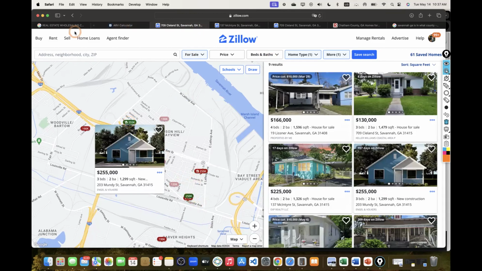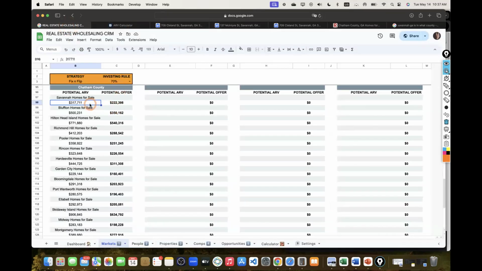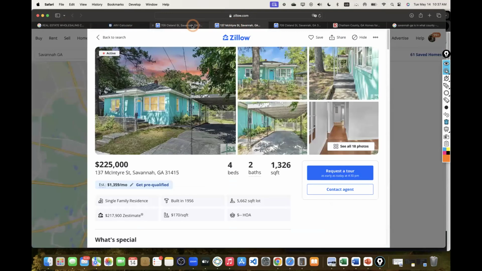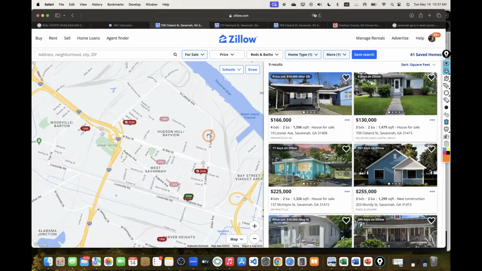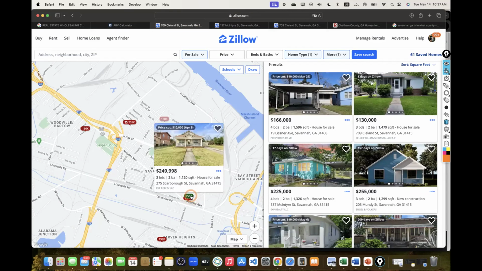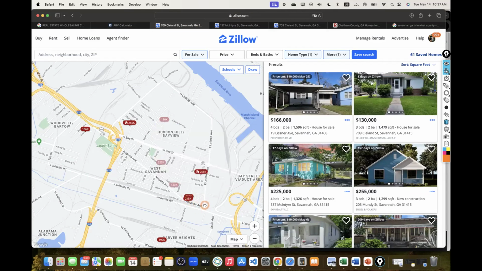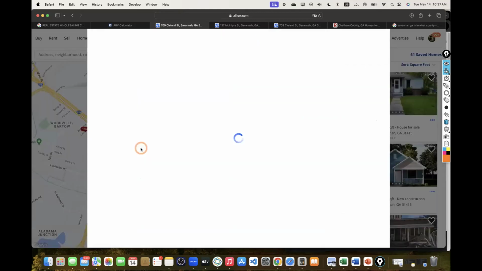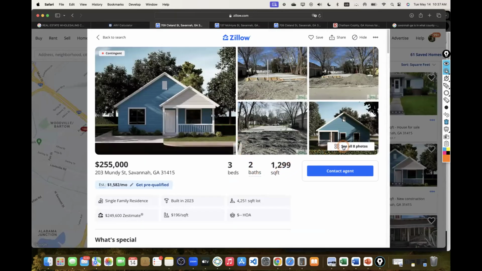Again, my market was telling me 317, but simply looking at the properties that are for sale at the moment, a lot of these price points are between 225 and 255. And to me, that's common sense of what I'm already foreseeing how much the property can sell for. But if I pull the price per square feet, that's the biggest thing that's going to happen with this. It's going to give me a whole different number.